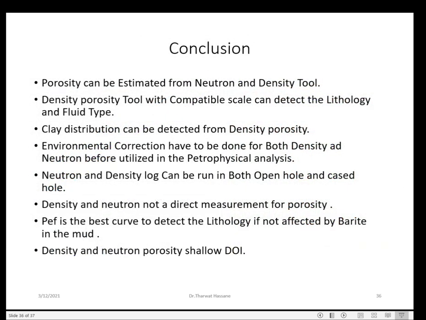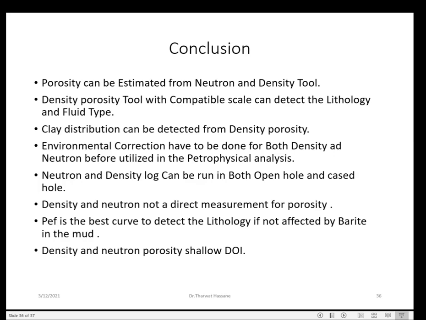So the conclusion out of this presentation is that the porosity can be estimated from density and neutron. The density porosity tool has to be on a compatible scale with the neutron to get the lithology and the flow typing. I can also know the clay distribution from both density and neutron. Again, you have to do environmental correction for both before doing petrophysical analysis.